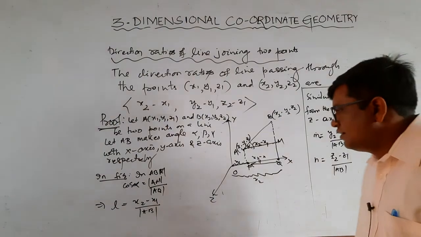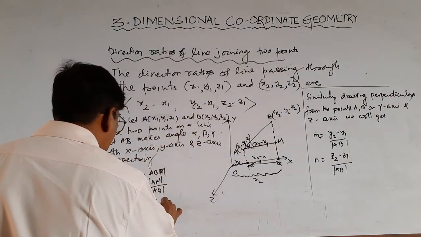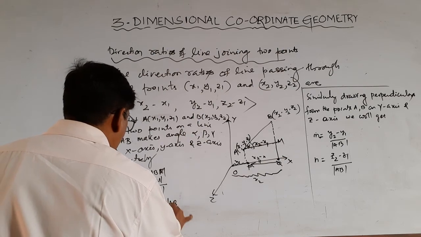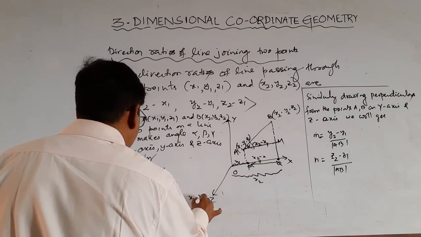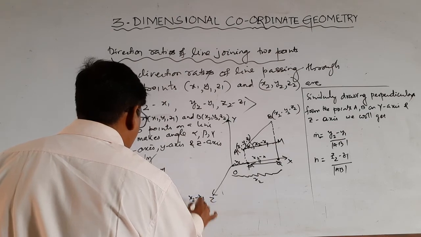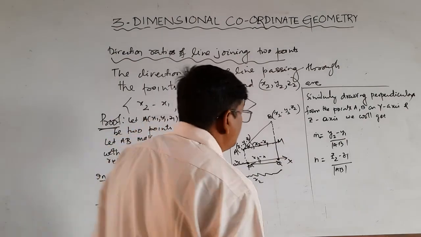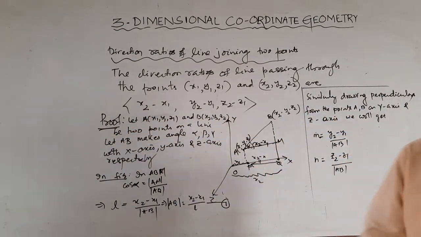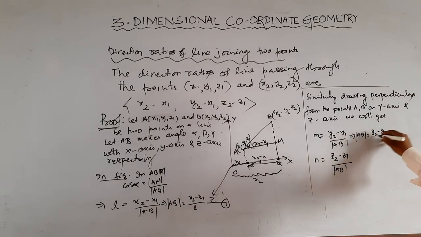Now AB distance is equal to (x2 minus x1) by L. This is equation 1. And AB distance is equal to (y2 minus y1) by M. This is equation 2.